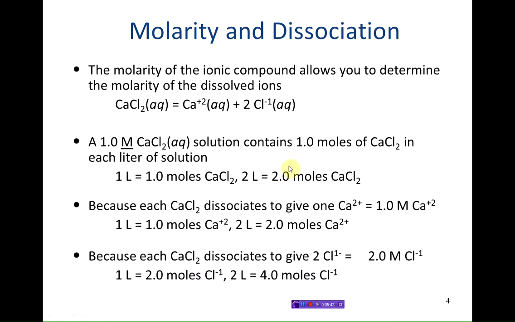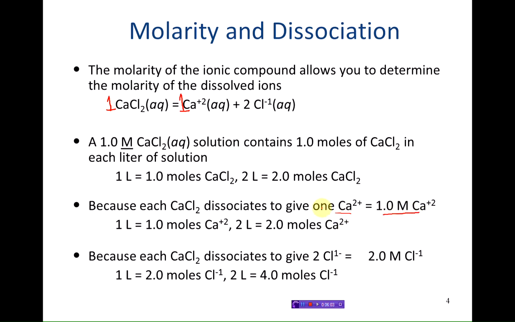Because notice it is a 1 to 1 mole ratio. So when the calcium chloride dissociates to give 1 mole, it's also going to be 1 molar of calcium 2 plus.